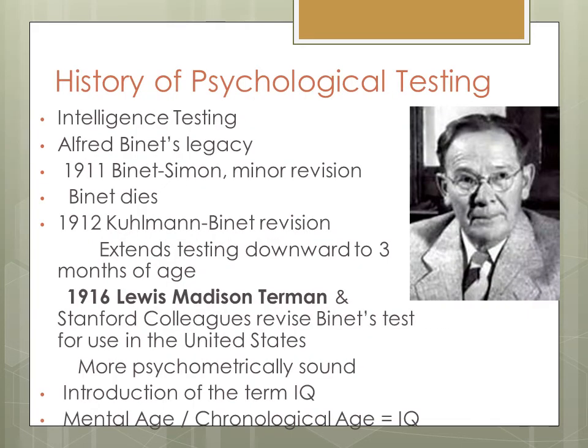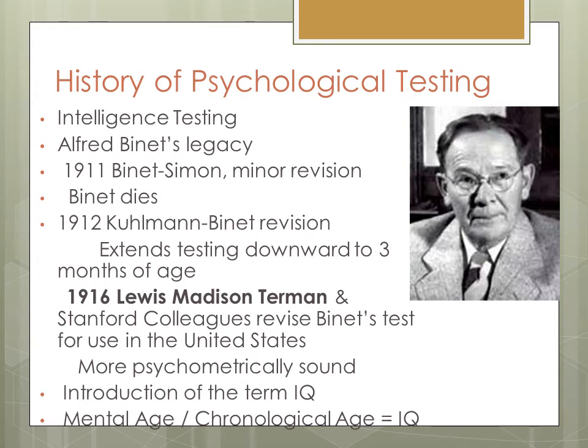All right, let's continue. So Alfred Binet's legacy. In 1911, Binet-Simon minor revision in the Binet-Simon intelligence test. Then he died. Coleman's Binet revision extended testing downward to 3 months of age.